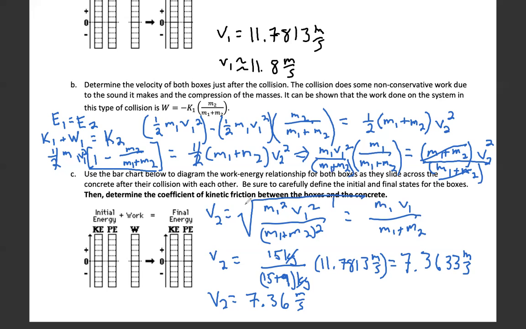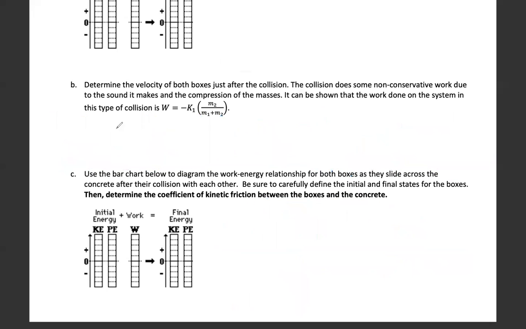So let's clear what we have here and rewrite what we had, which was that v2 is 7.3633 meters per second, which we just report as 7.36 meters per second.